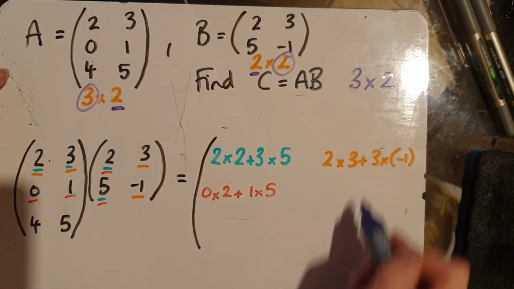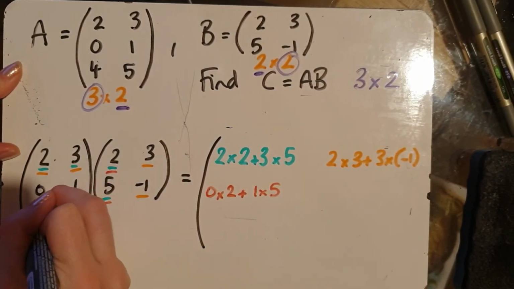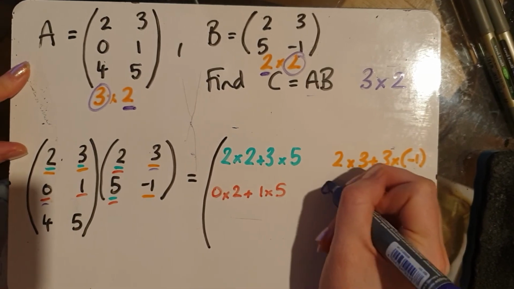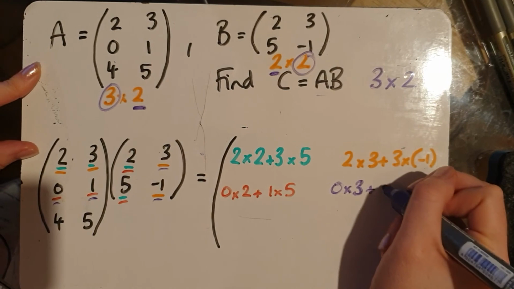I'm in the second row, second column, so I multiply the second row by the second column. So I do naught times 3 plus 1 times negative 1.